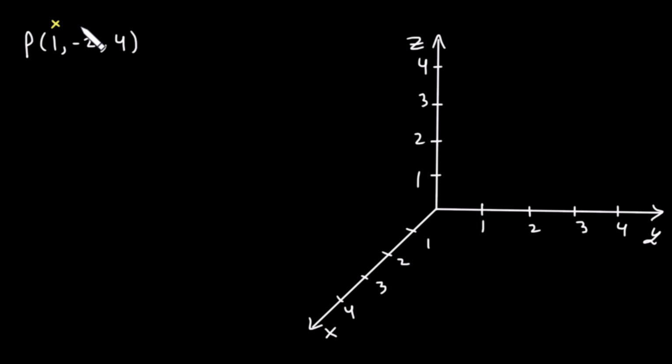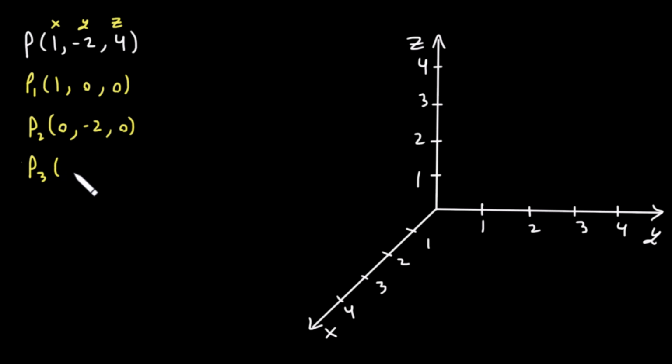Here is the x-axis, here the y-axis, here the z-axis. First we have to plot the first 3 points: P1, which is 1, 0, 0. Then the second point, P2, which is 0, -2, 0. Then the third point, which is 0, 0, 4.